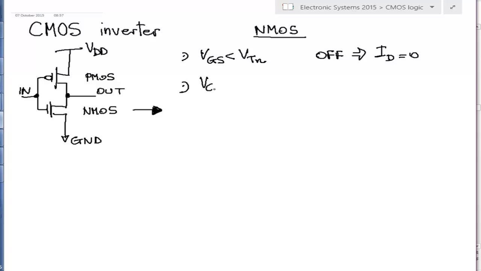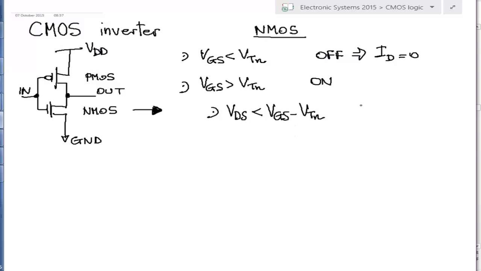Then, if VGS is larger than VTN, the transistor is on, because we have a channel formed below the gate dielectric, but there are two possible situations. One situation is that in which VDS is smaller than VGS minus VTN.